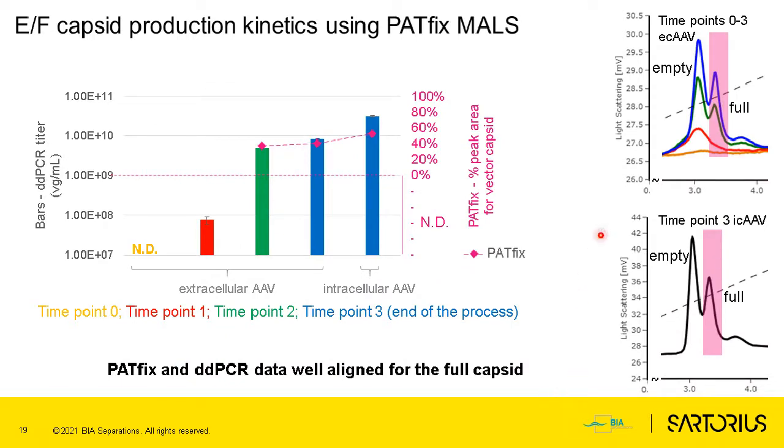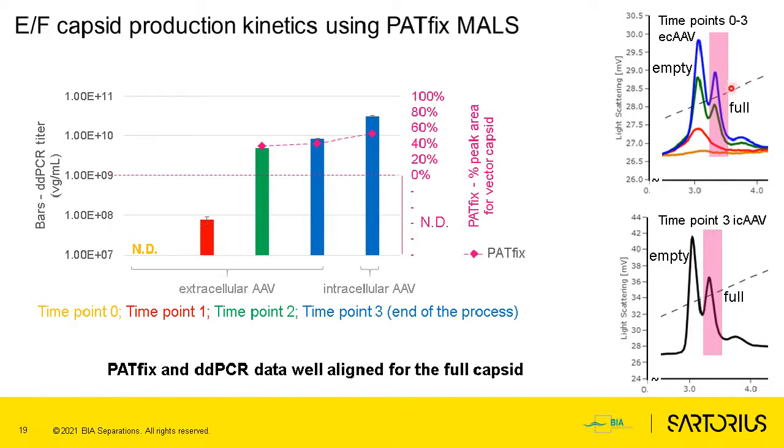Always important, and I'm repeating this again and again, if you don't use orthogonal methods, we may cause quite some mistakes in our predictions, in our analytics. So we were checking the accuracy of our HPLC method with the PCR, and here on the right up chromatogram, you just see the zoom in of different steps in our upstream.